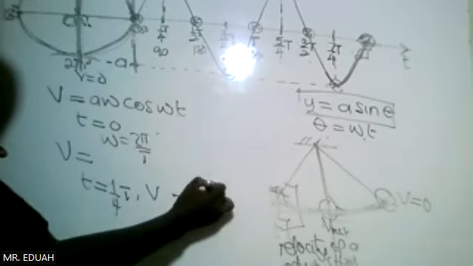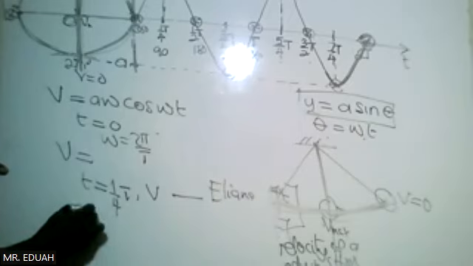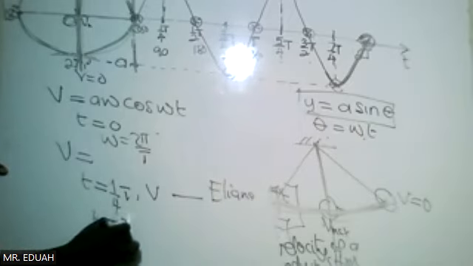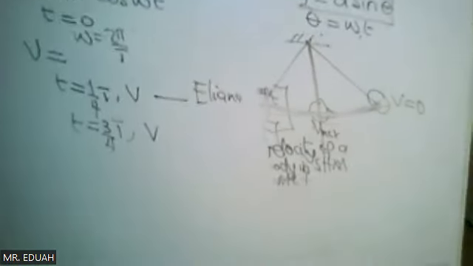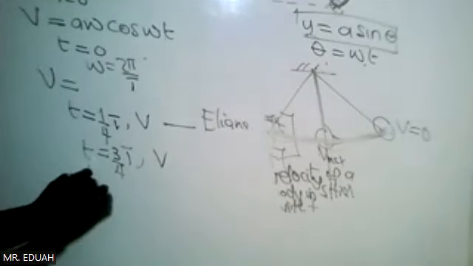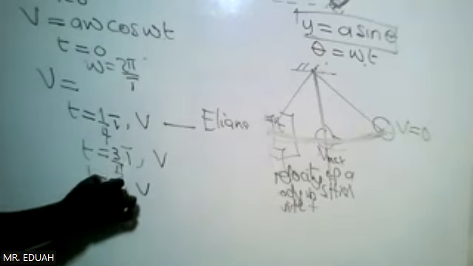Eliana, this is yours. Nanadwa, at t is equal to 3/4 of T, what is the velocity? Then Nana Jemfua, at t is equal to the period, what will be V? Do that for me.